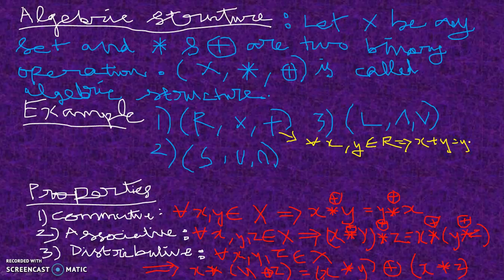Okay, 5 plus 2 equals 2 plus 5. Therefore the commutative property is satisfied. You take any two elements in the set of real numbers, this is satisfied. So this particular algebraic structure satisfies the commutative property, right?